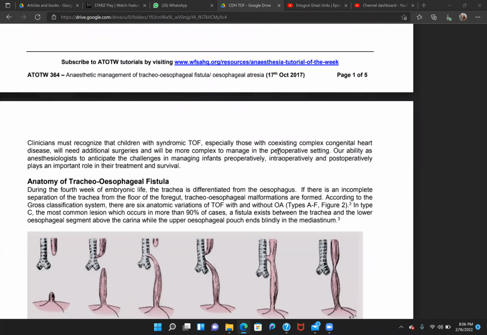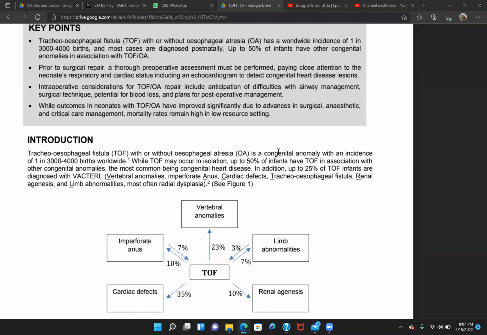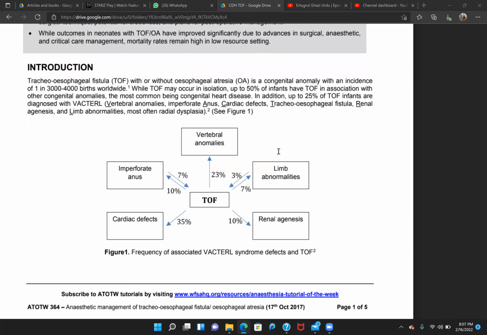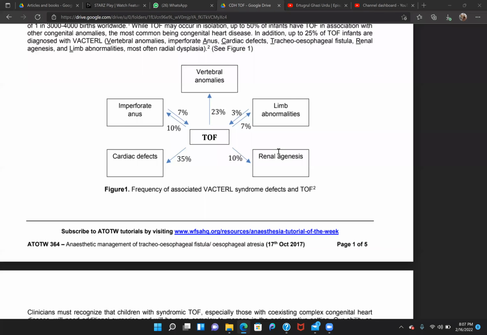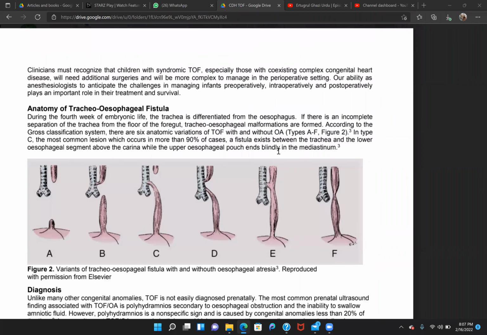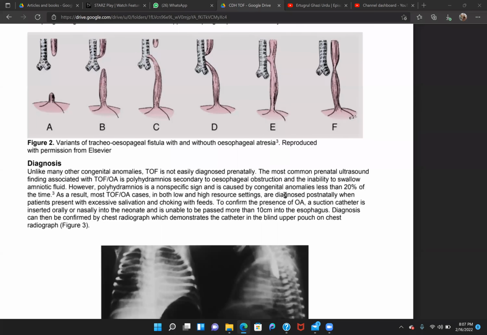So we will recap that we find a congenital anomaly, we look into the other systems. Importantly, whatever systems are important to us, we try to focus on that system. This is the usual way, as there can be some other congenital anomalies, and then we try to chalk out which type of fistula it is.